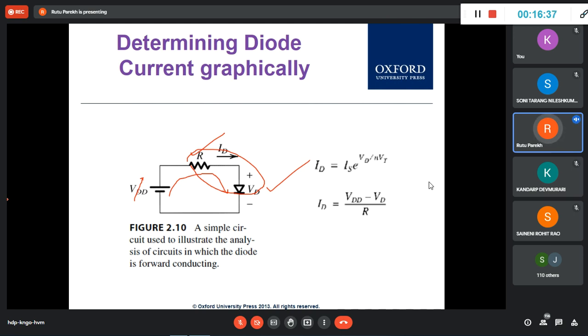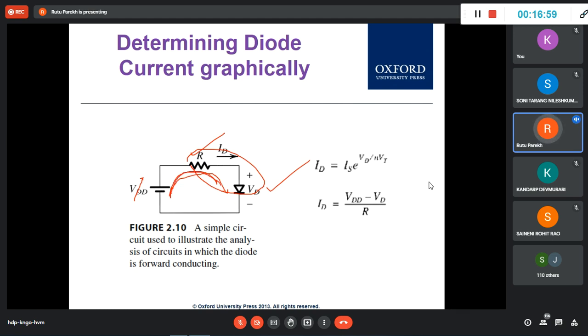Now you must understand that in this universe, nature is very intelligent. So what will change here depends on this. If you change R from R1 to R2, I will change such that it satisfies both of them.